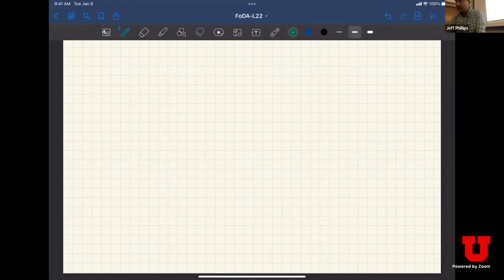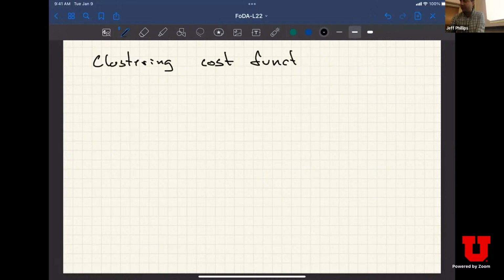Okay, so the formulation we're going to talk about is, I want to write down my clustering cost function.